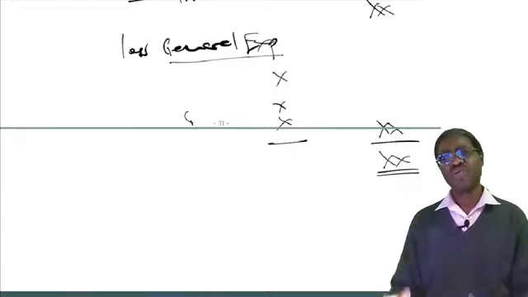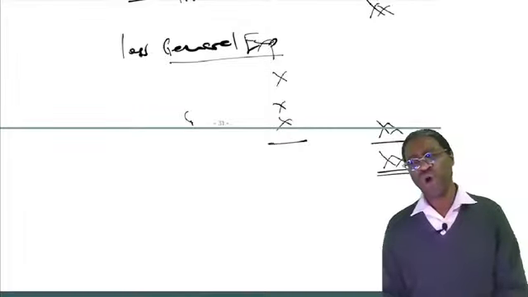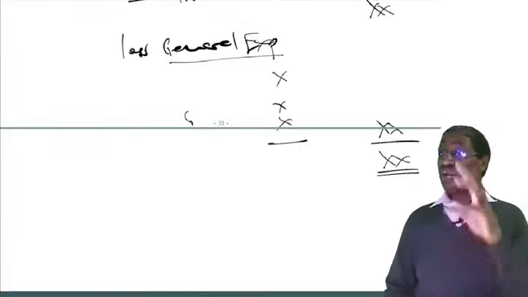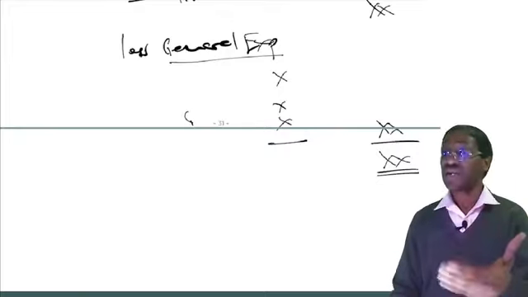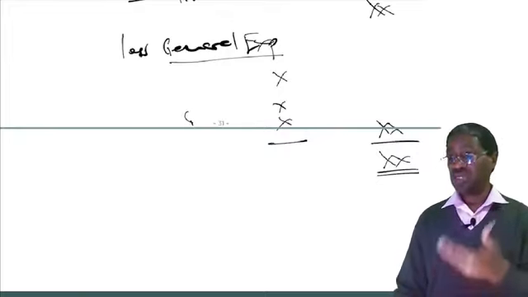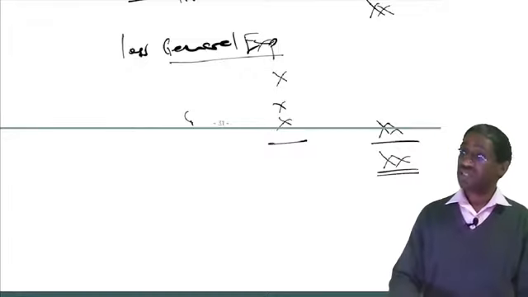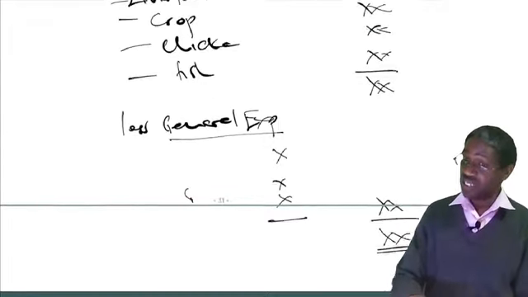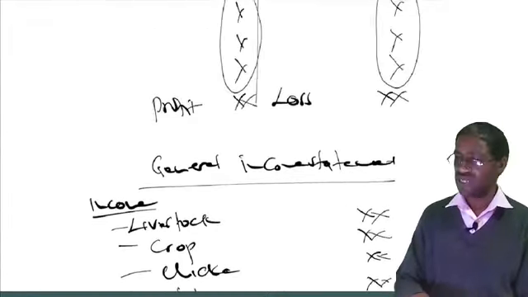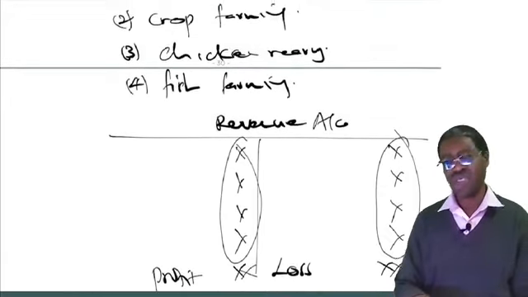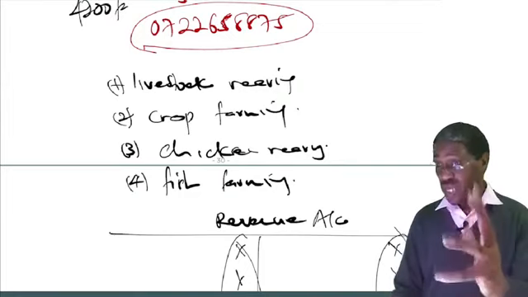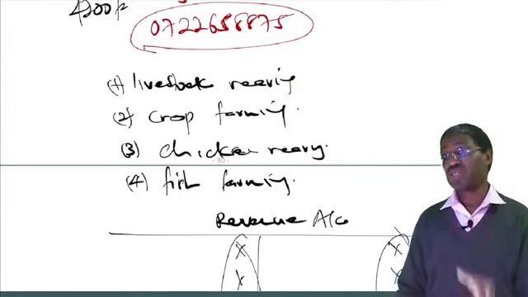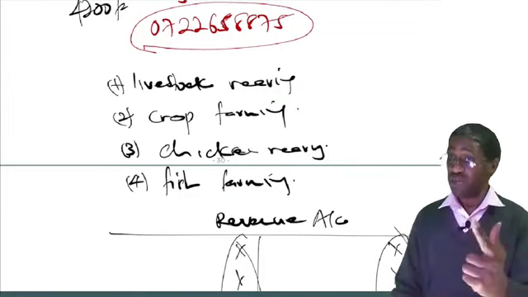I've given you an overview of how you prepare the financial statements of a business which undertakes agricultural activities. For that business, they must classify their farming activities into any of these four categories, and for each, they prepare a revenue account, used to get the profit.